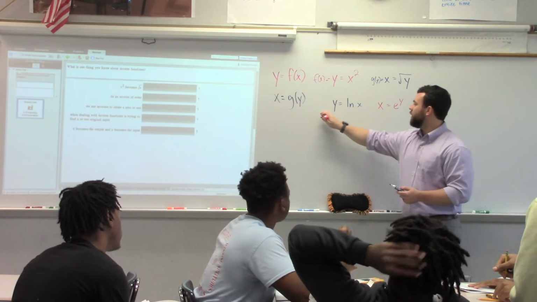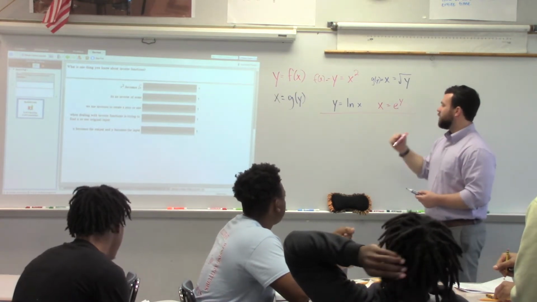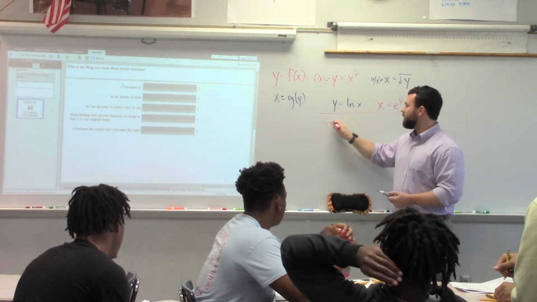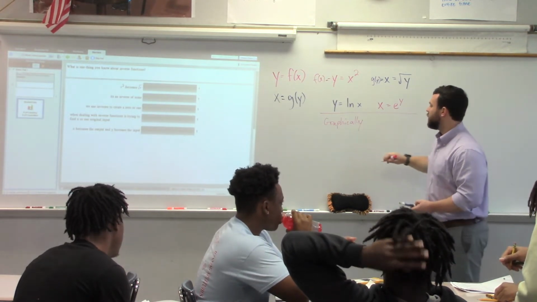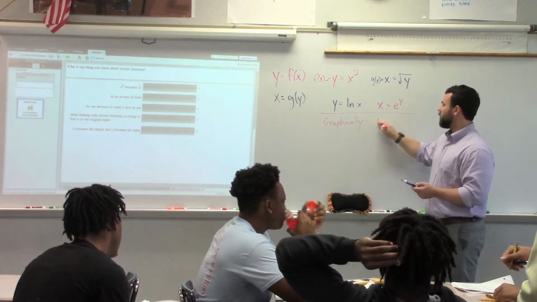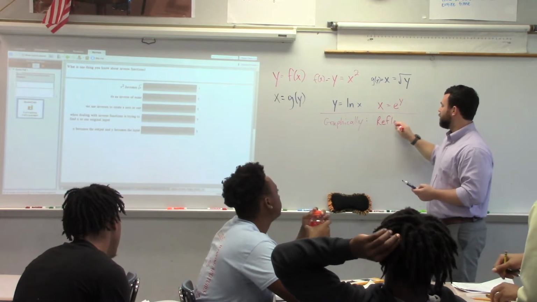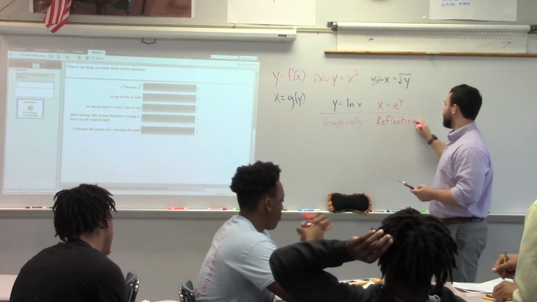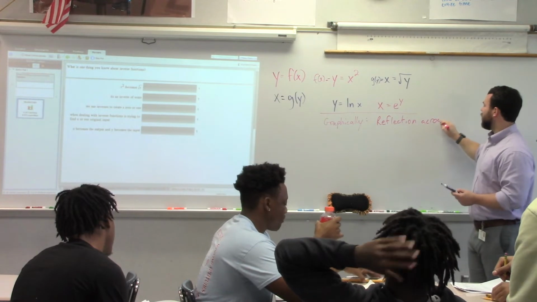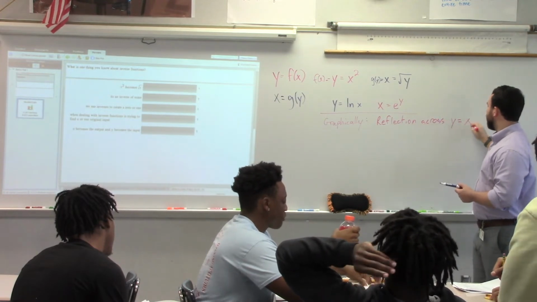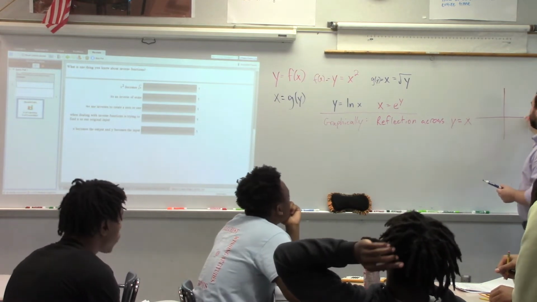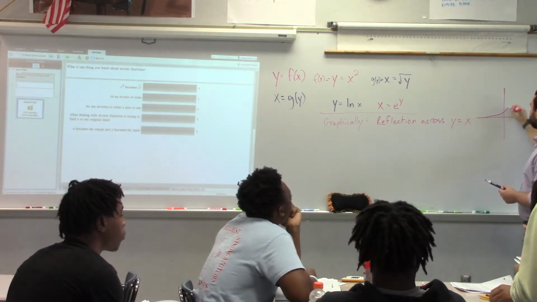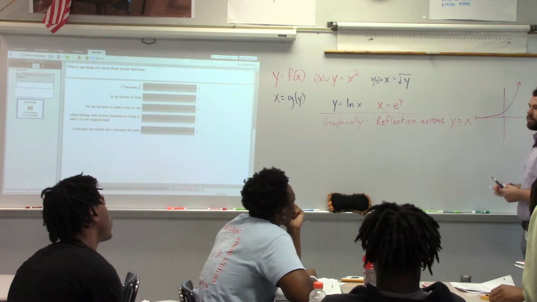Another thing that we need to remember is this. Graphically, what is happening? This is an important detail that no one mentioned. It's a reflection across what line? There we go. Remember, it's a reflection across y equals x. And so we already know an exponential function, especially exponential growth, looks something like that.